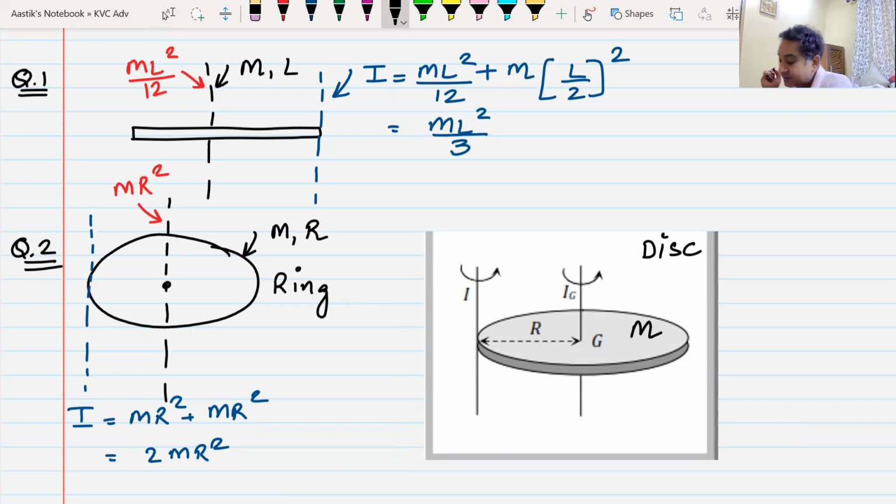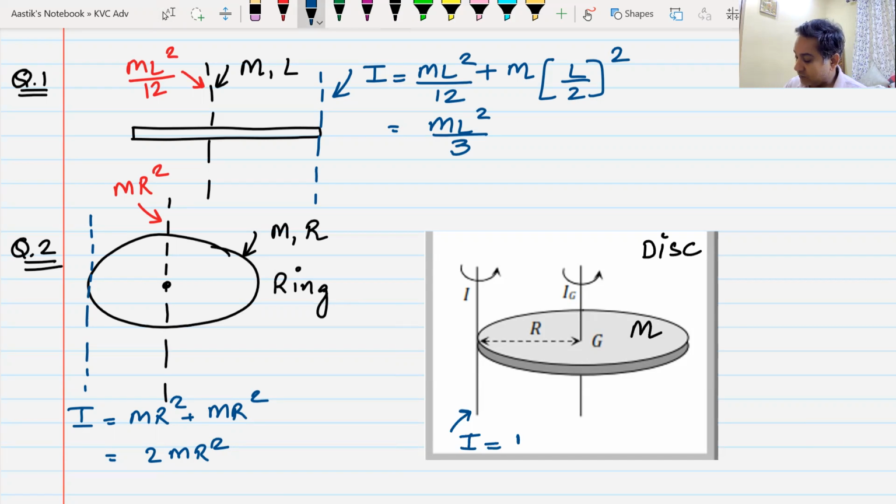What will be the moment of inertia about this axis? mr square by 2, sir.